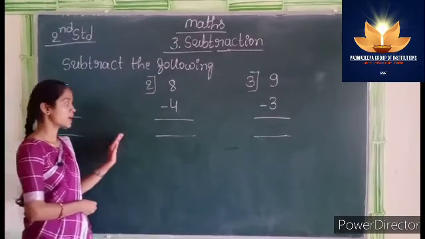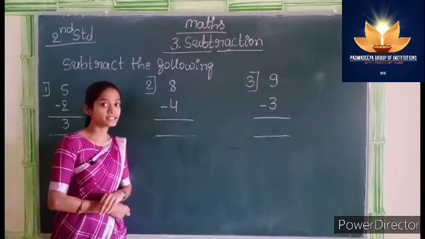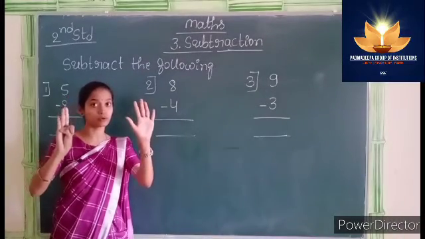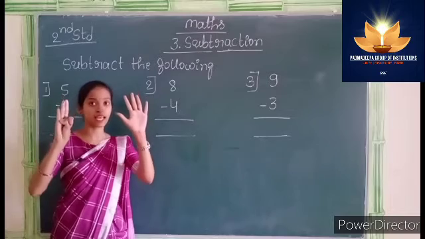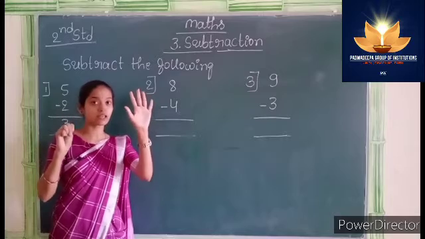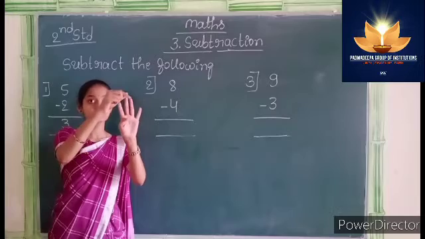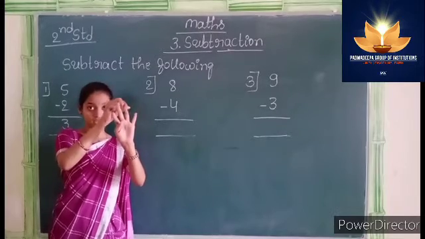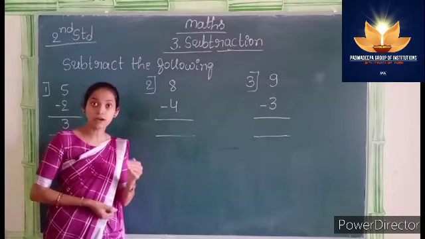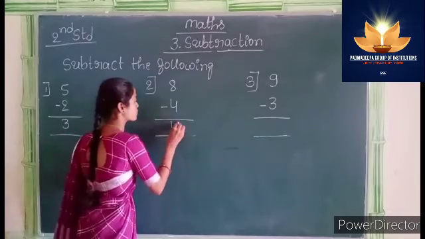Then here we have to subtract 4 from this 8. Let us subtract. This is 8 and we have to remove 4 from this 8. 1, 2, 3, 4. How many fingers are left? 1, 2, 3, 4. That means when we subtract 4 from 8, we get 4.